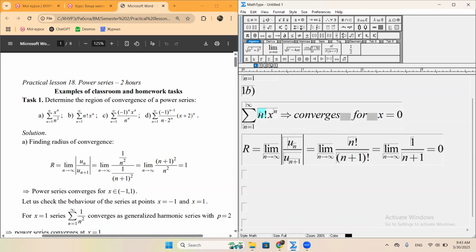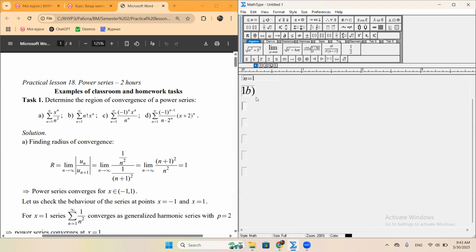Okay, so moving to 1c. Again, sum over n from 1 to infinity of -1 in power of n, x in power of n, over n in power of n. How to find the radius of convergence here?